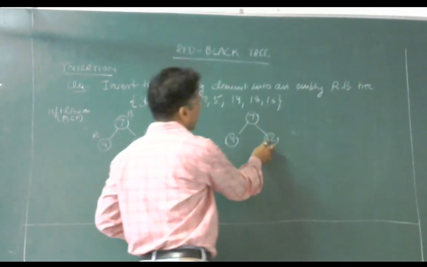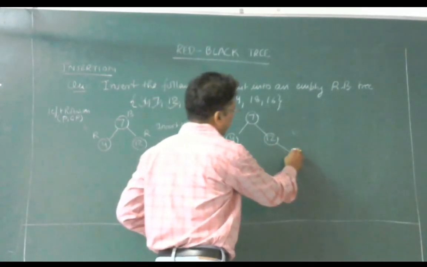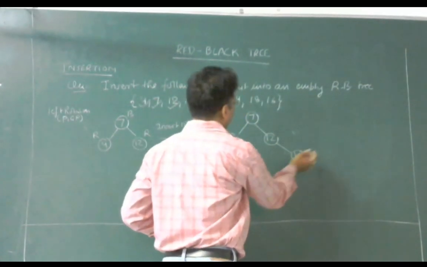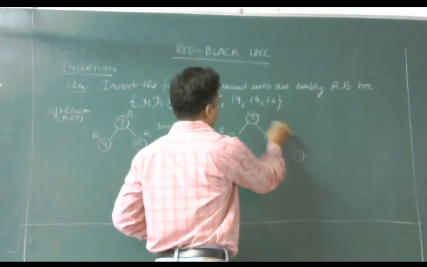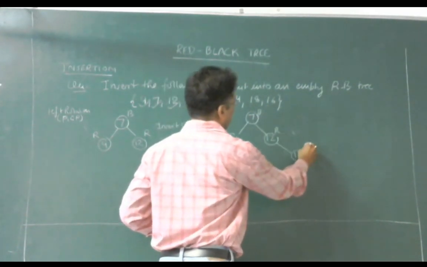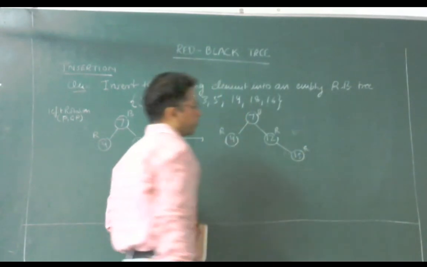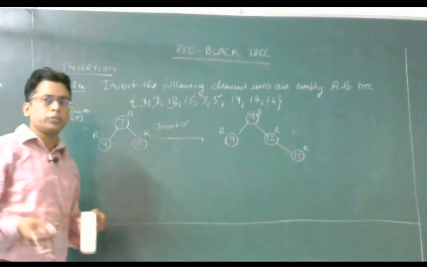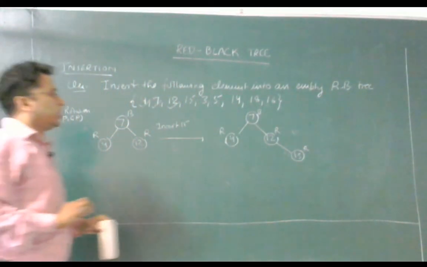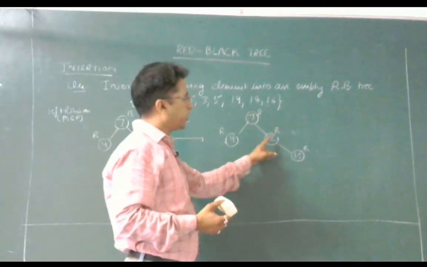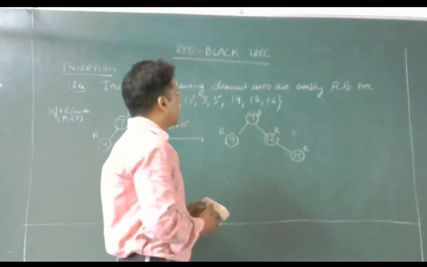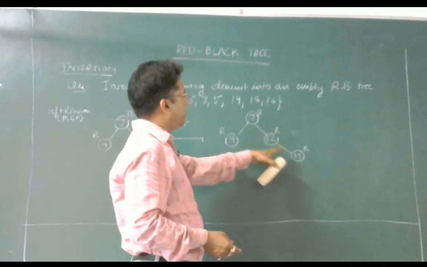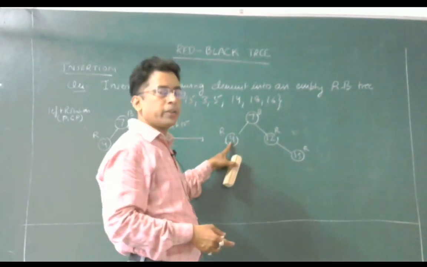Obviously 15 is greater than 12, so it would be a right child. Now again this one is of black color, and this will be of red color, because every newly inserted node is by default of red color. So again the violation occurs because a red node is having a red child. Here the uncle color is red.